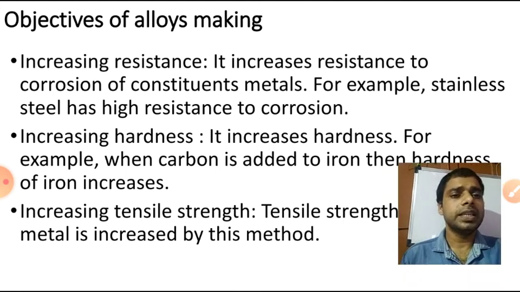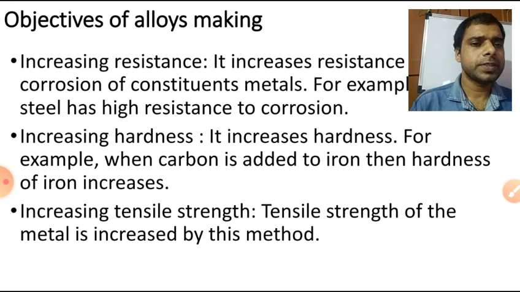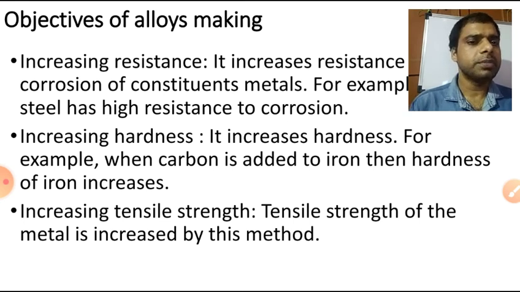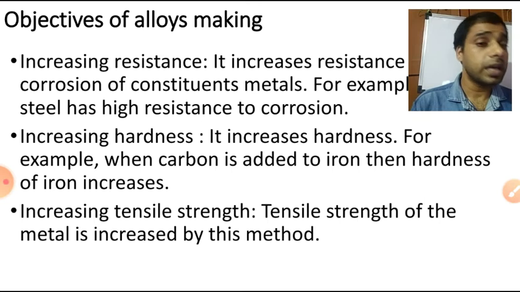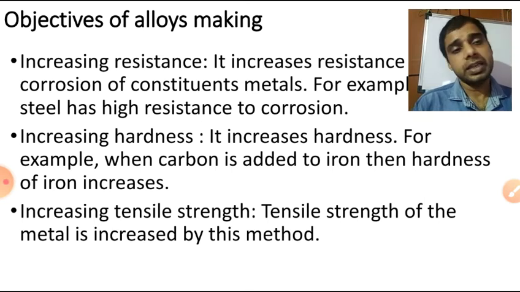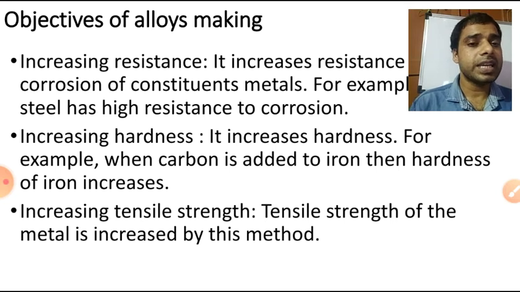Then after, increasing hardness. Yes, the hardness of iron can be increased when carbon is added to iron. Carbon is added to iron, then hardness of iron increases. Carbon is a non-metal, and it is added into iron, and it is enhancing its property. Then after, increasing tensile strength.